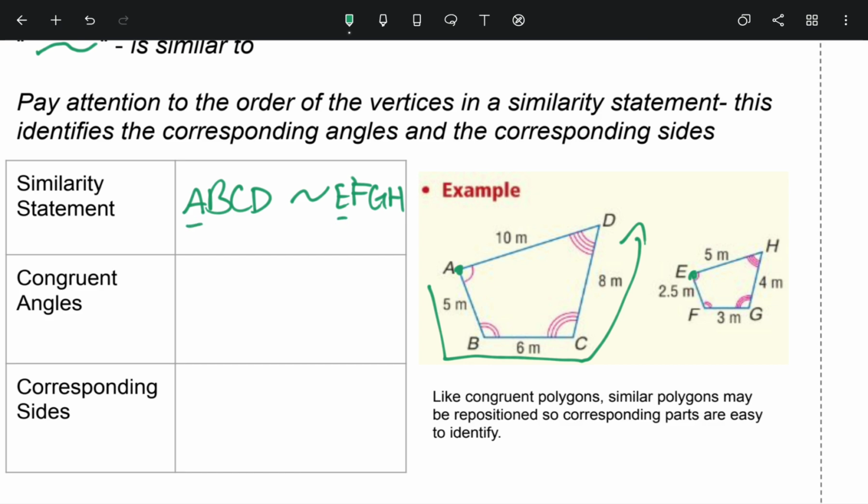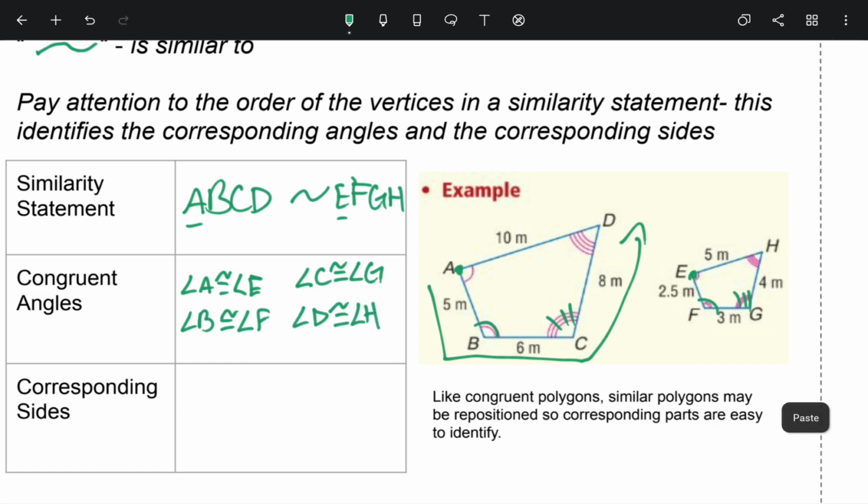A and E, those are both the first vertex, so those two angles are congruent. Angle B and angle F are also congruent. Angles C and G are also congruent. And so are angle D and H.